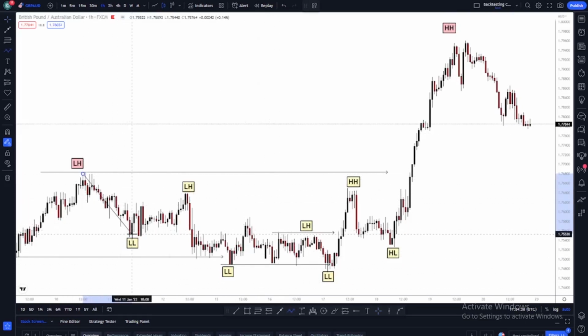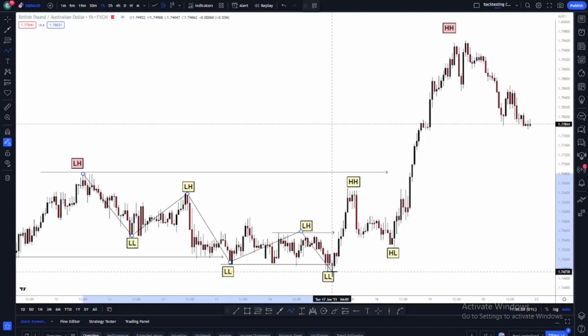We have this lower low right here, which created a lower high, came back down, created a lower low, came back here, created a lower high, came down here to create a lower low. So at this very point, the H1 was all bearish.